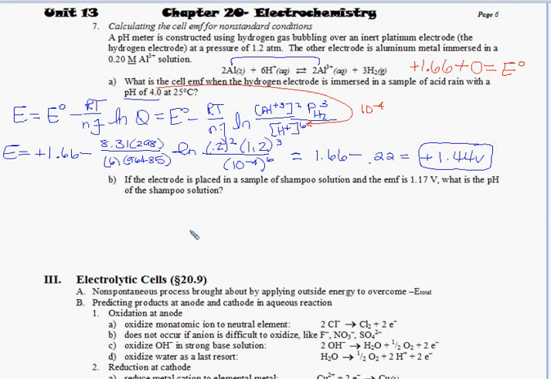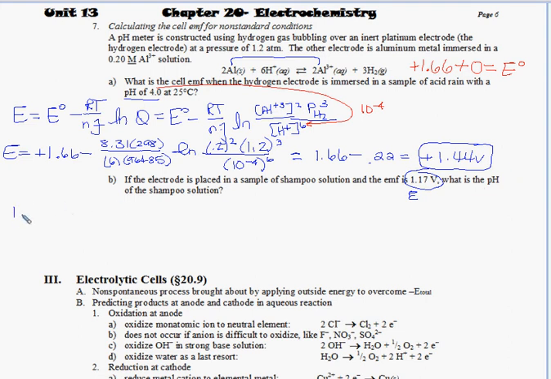All right. Let's say instead that you decided to put the electrode into a sample of shampoo. So now this means that you have a voltage of 1.17, not a theoretical voltage, but a measured voltage of 1.17. And now we're going to solve for the pH.